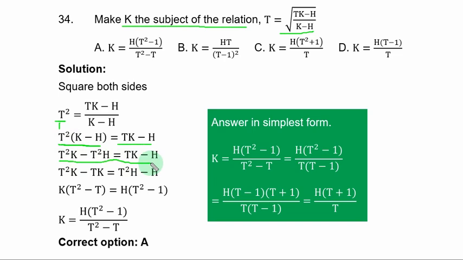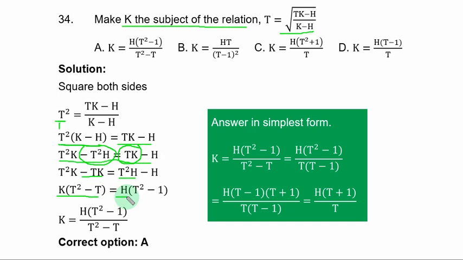We are interested in making K, so let's transfer this term to the left hand side. It becomes minus. If you transfer this term to the right hand side, it becomes plus in this form. From the left hand side, you can factor out K, and you have bracket open, T squared minus T. You close the bracket equal to the right hand side.